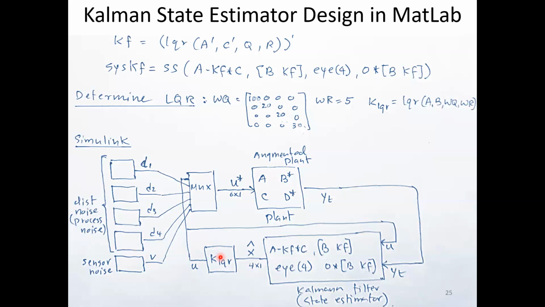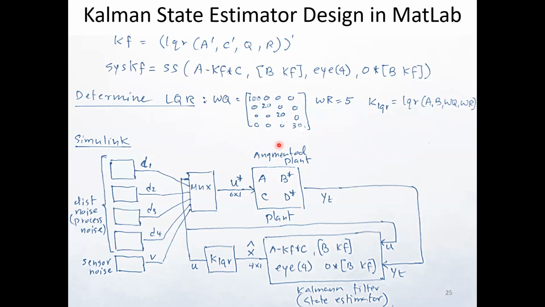Okay, and also we say WR, that is the weight of the control signal, is given 5, which means compared with all of these four state variables, the control signal is not very costly. It's the least costly signal here, which means you can have very high control signals, right? So when you operate a plant, you generate a control signal, and also you get your state variables, right?